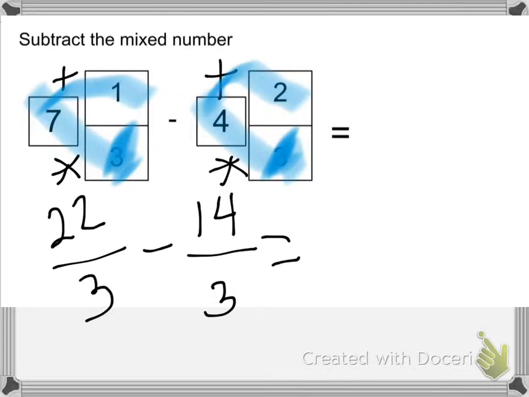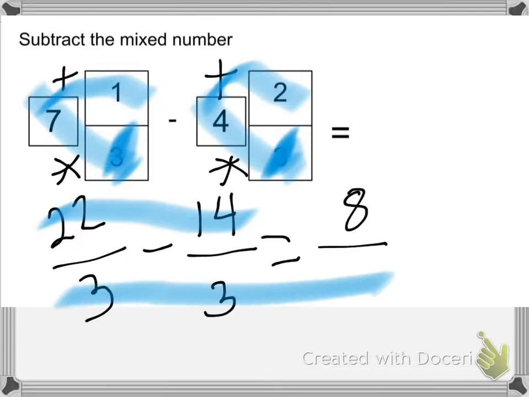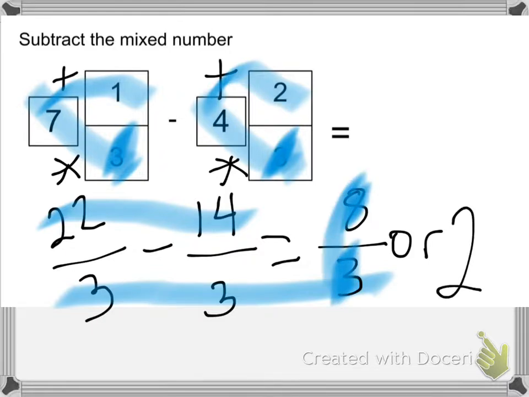When I subtract 22 minus 14, it gives me 8 over 3. You can leave it like that or simplify it. So 3 can go into 8 2 times. And then there is 2 remaining, so 2 2/3.